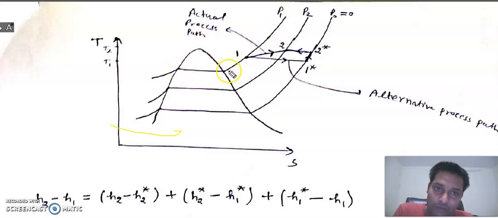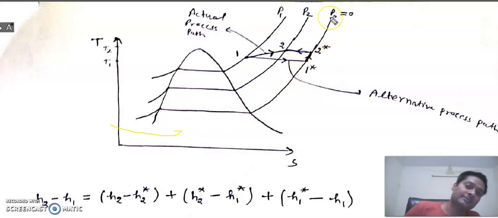Here we have a horizontal line, which indicates the region of phase change. During phase change, the temperature is constant. So this is a horizontal line, and then the temperature starts increasing.